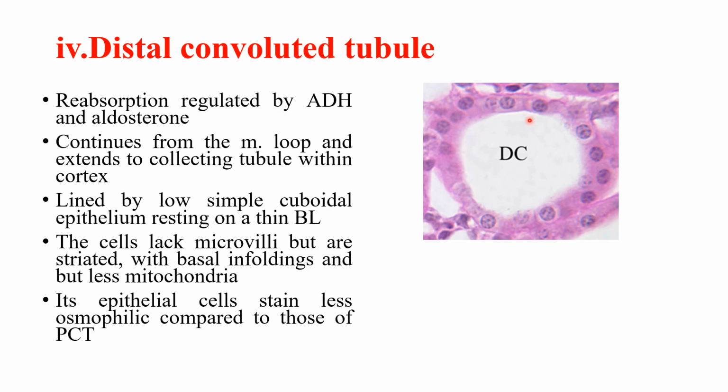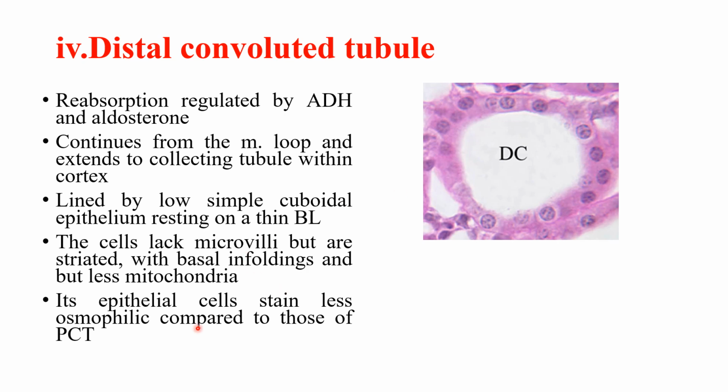You can easily appreciate that there is no brush border, although basal striations are also present in the distal convoluted tubule, and these striations are because of the basal infolding and mitochondria, but the number of mitochondria is less as compared to the proximal convoluted tubules.